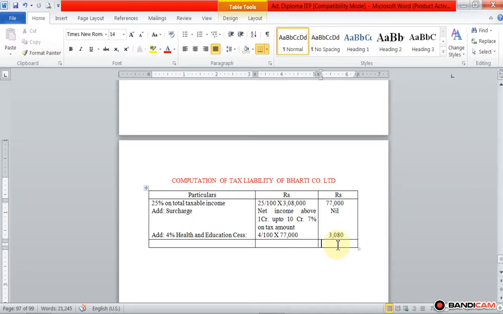So here 3,080 plus 77,000, here we get 80,080. 80,080 is the tax liability.